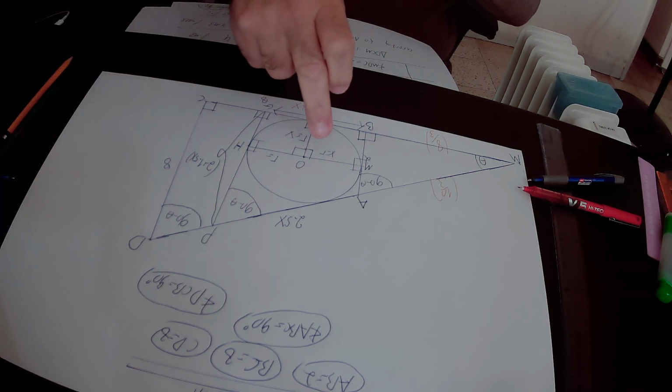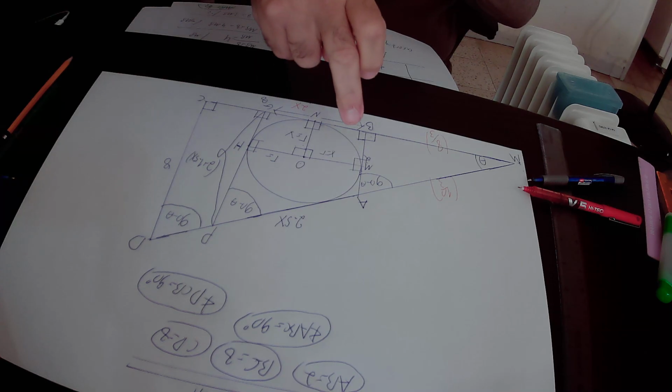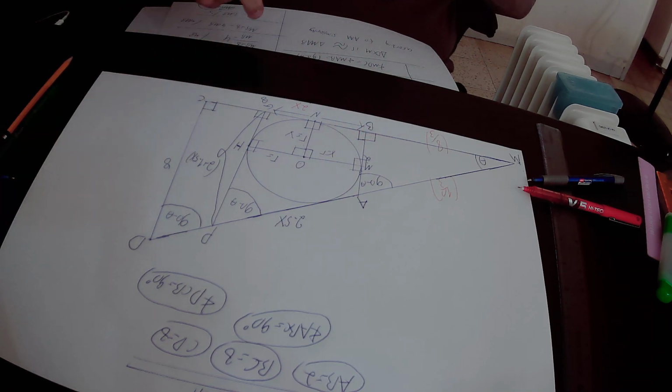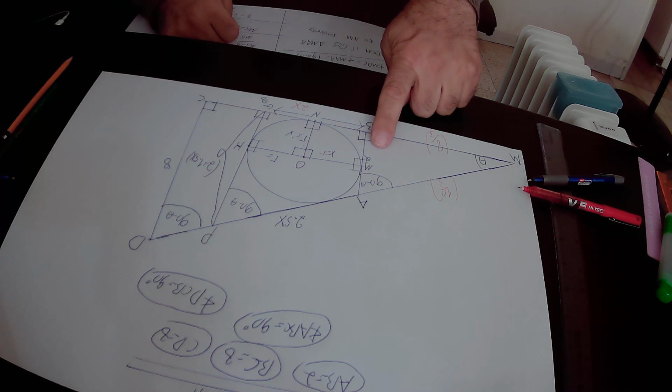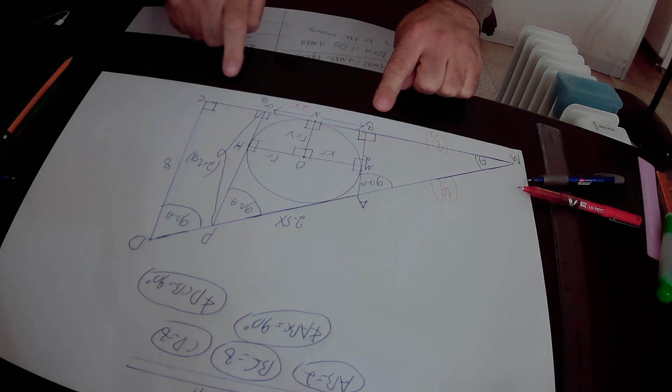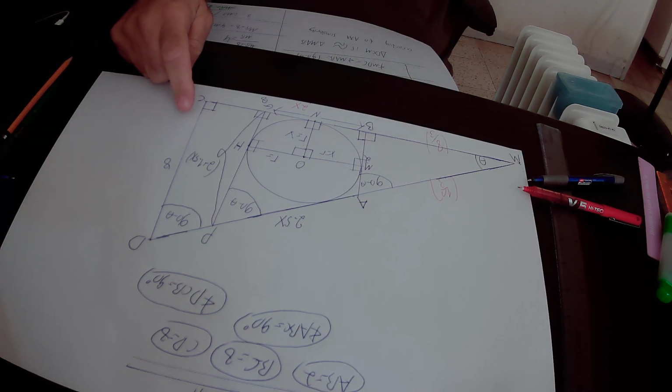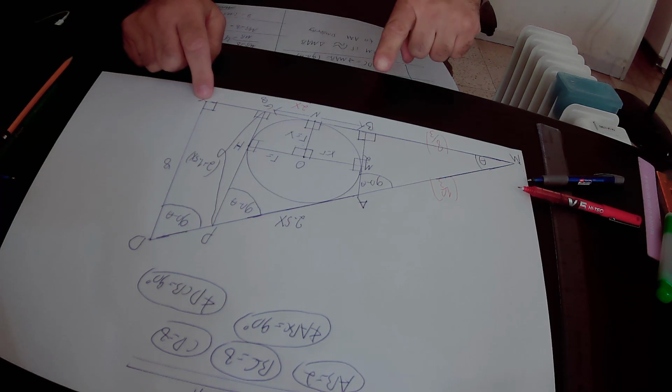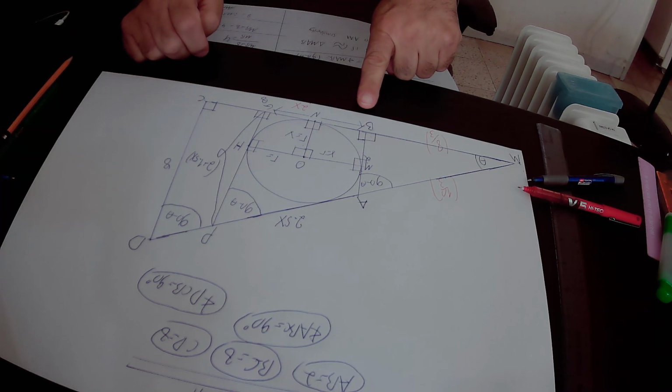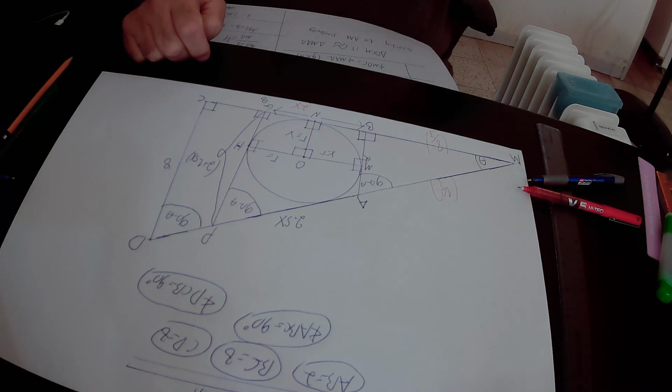Again, this circle is located inside quadrilateral ABCD. The length of side AB is 2 units, side BC equals 8 units in length, side DC equals also 8 units in length. Angle DCB equals 90 degrees in its size, and this angle ABC equals also 90 degrees in its size. Again, our mission is to find out the area of this circle.